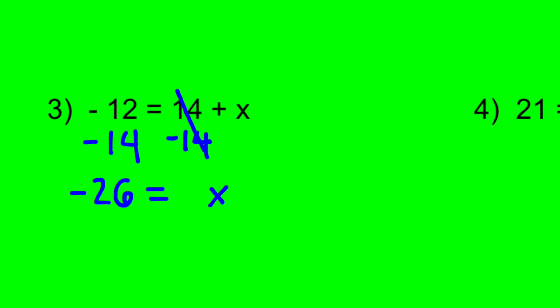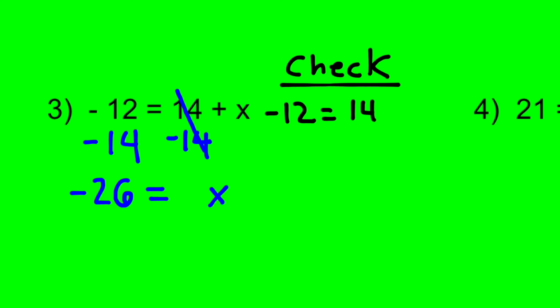Now let's check it. When we check it, both sides of the equation should work out the same. So write down the original equation. I've been doing all my checks in a different color just so you can see the difference. Okay, just keep working down the page and replace your variable x with your answer that you got.